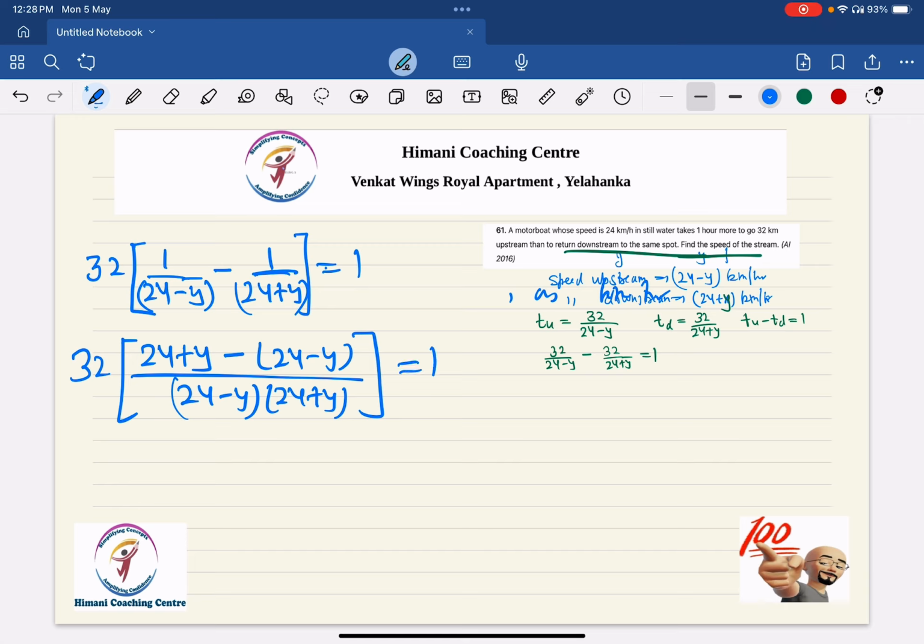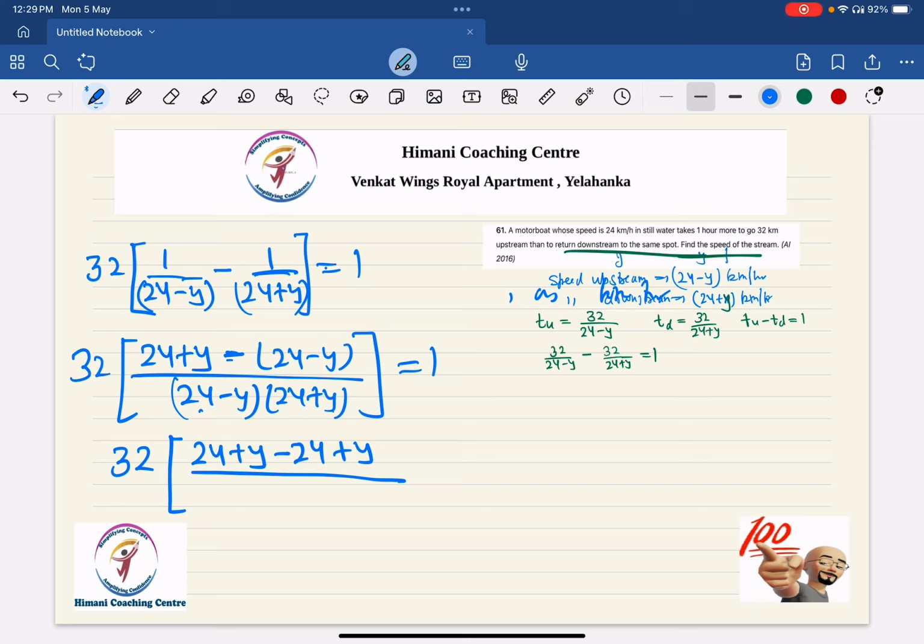This minus and then bracket sign is there. That's very important. Many students make mistakes here. When you open the bracket, the signs will change for both the numbers. So inside, what will we get now? We have 32. In the numerator, you have 24 plus y minus 24 and plus y. Minus into minus is a plus.